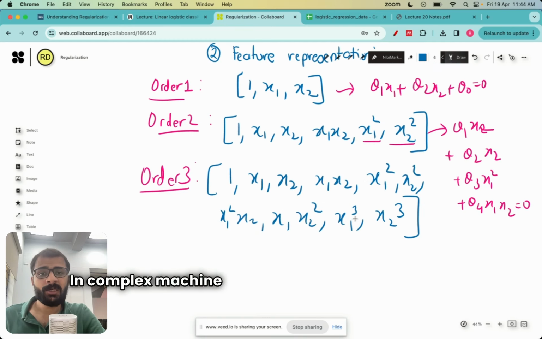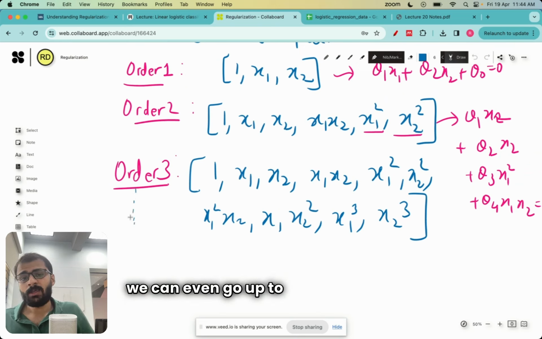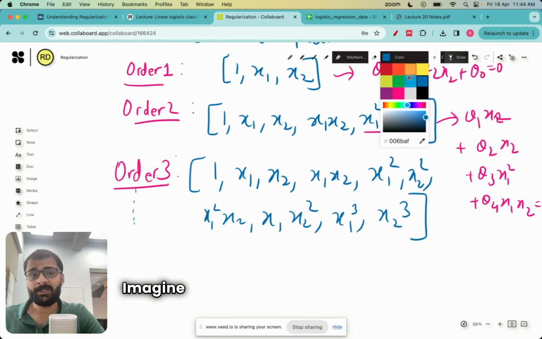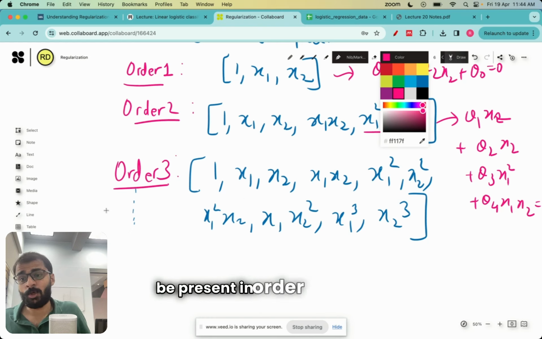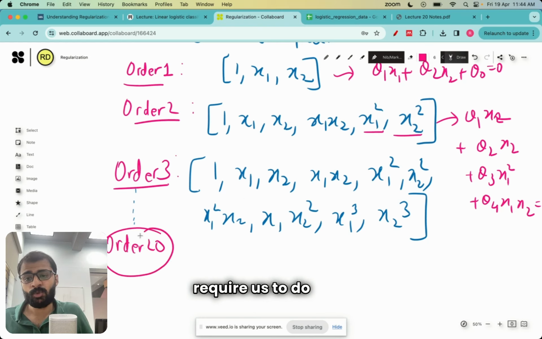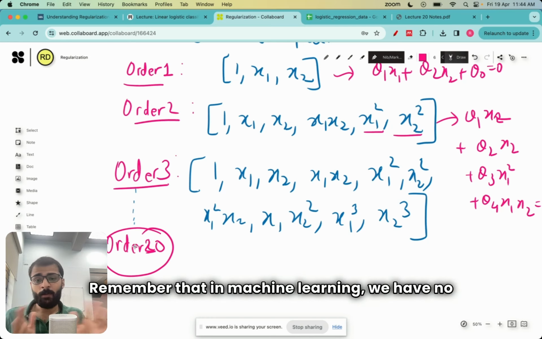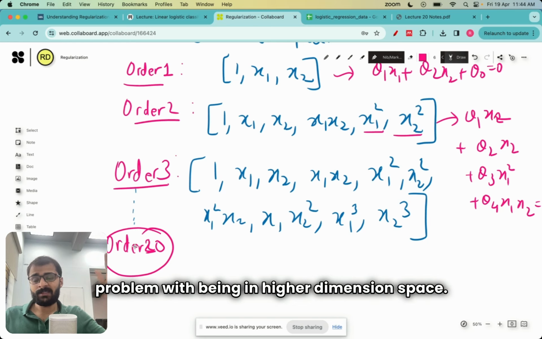In complex machine learning algorithms, as we'll also explore today, we can even go up to order number 20. Imagine the number of terms which will be present in order number 20. But some machine learning algorithms require us to do that. Remember that in machine learning, we have no problem with being in higher dimension space.